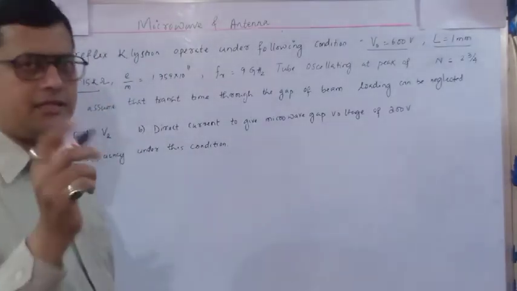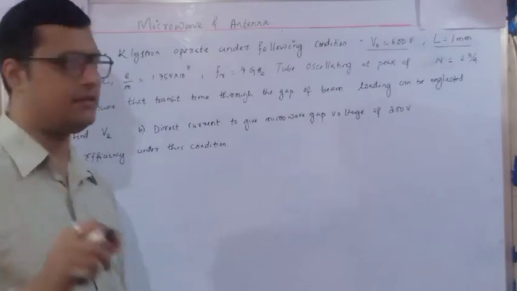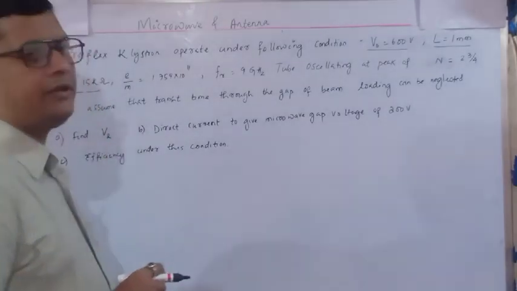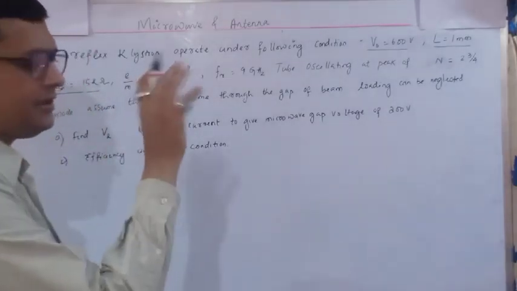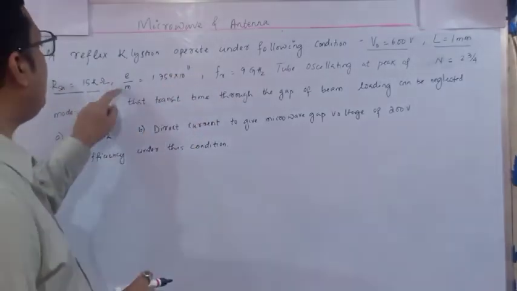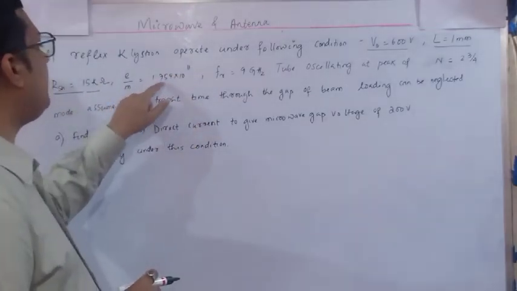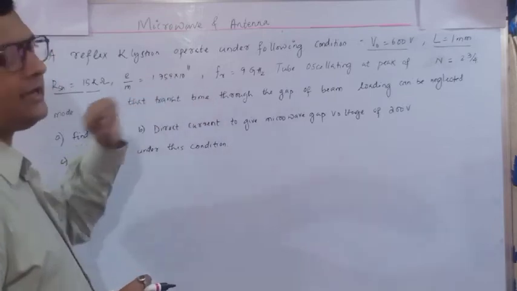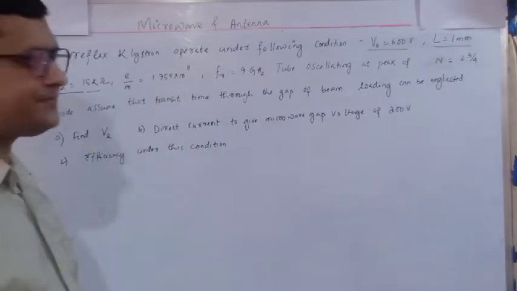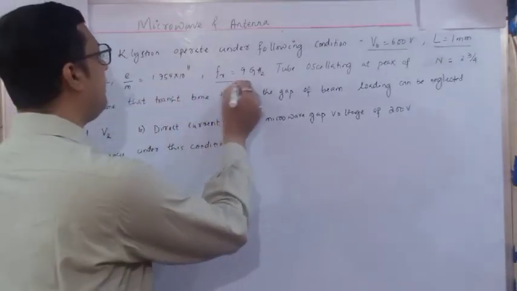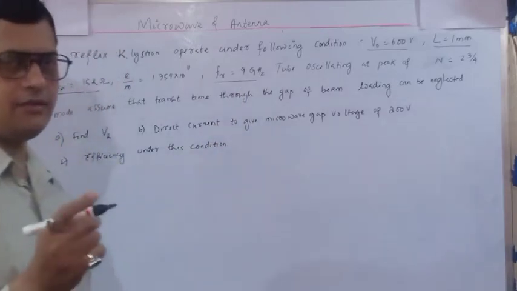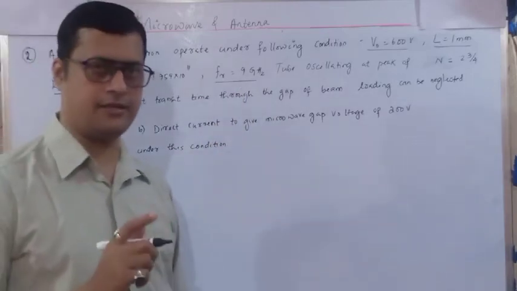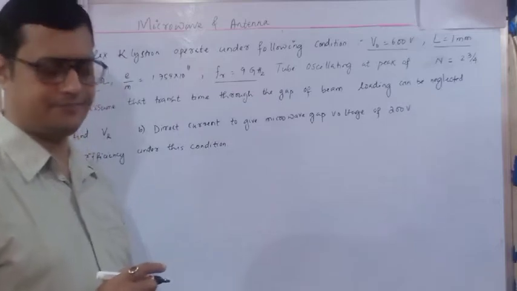R shunt means there is one resistance, a variable resistor, whose value is 15 kilo ohm. In that figure we have seen. E by M ratio is 1.759 into 10 to the power 11. This is a constant value. And the resonating frequency is 9 gigahertz, means your reflex klystron is operating at a frequency of 9 gigahertz.